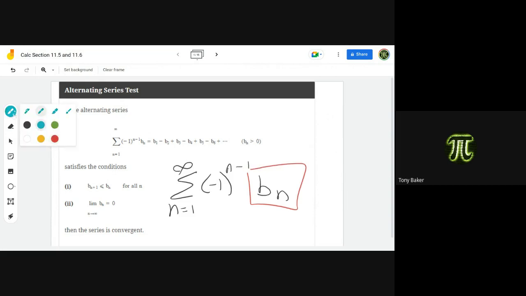I can basically ignore that when I'm doing the alternating series test. That piece right there says I can do the alternating series test. Once I know I can use it, then I'm just using the actual sequence, the Bn stuff, to do these two tests here.